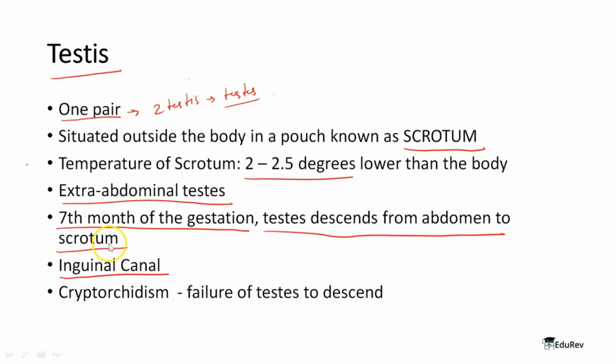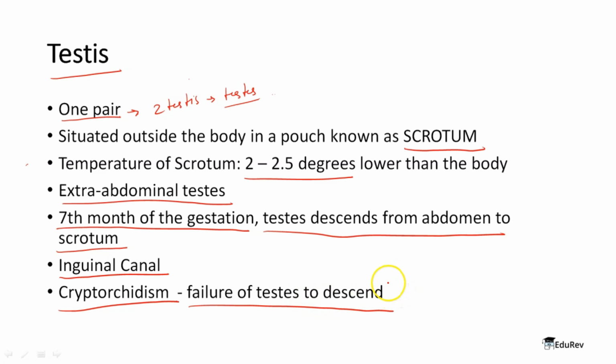Now sometimes what happens, testes fail to descend in the scrotum even after the birth of the new child, and this abnormal condition is known as cryptorchidism. This is the failure of testes to descend. Now, in this case, the testes are inside the abdomen, so the male is infertile or sterile, right?